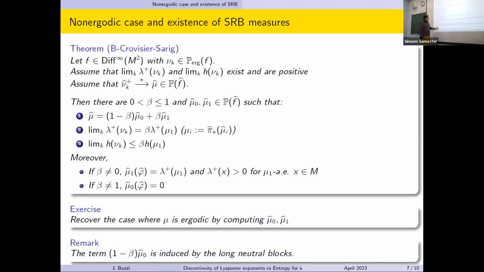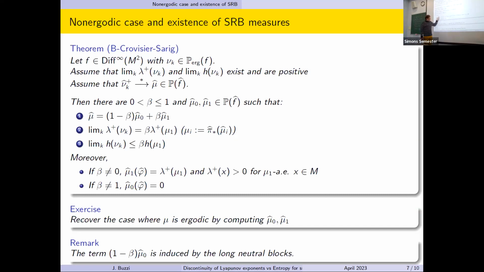Okay, because you will see that this mu 0 and mu 1 will be made from the stable and unstable lift. But as we saw when we were proving the theorem, the coefficient that will appear will not be beta. In fact, here you can compute the coefficient from this property.